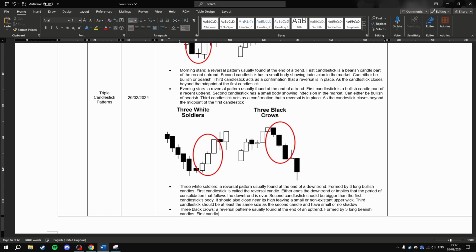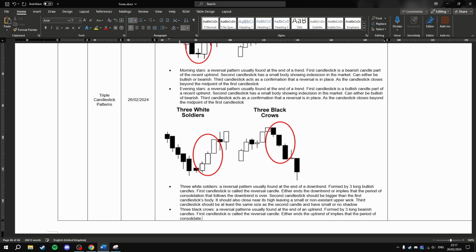The first candlestick is called the reversal candle. It either ends the uptrend or implies that the period of consolidation that follows the uptrend is over.